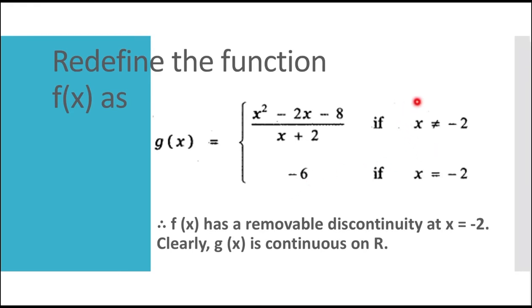For all the other values, other than x equal to minus 2, this function remains the same. Therefore, f of x has a removable discontinuity at x is equal to minus 2, but now here we have a function g of x and it is continuous.